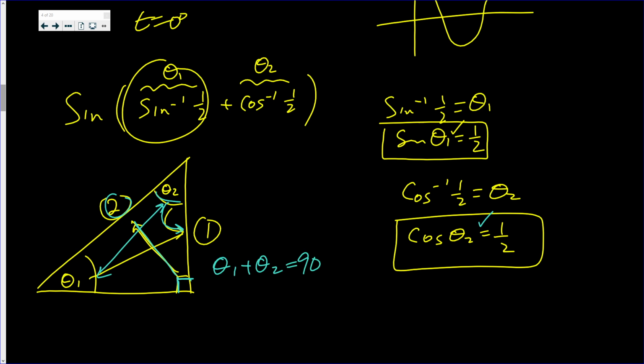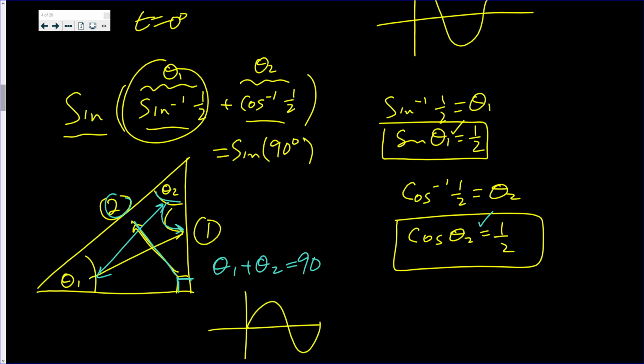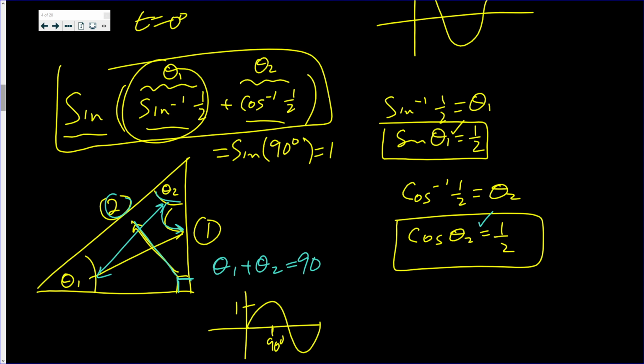In other words, this problem is nothing more than the sine of this plus that, which is 90 degrees. And the sine of 90 degrees is 1. This is just a complicated way of saying 1.